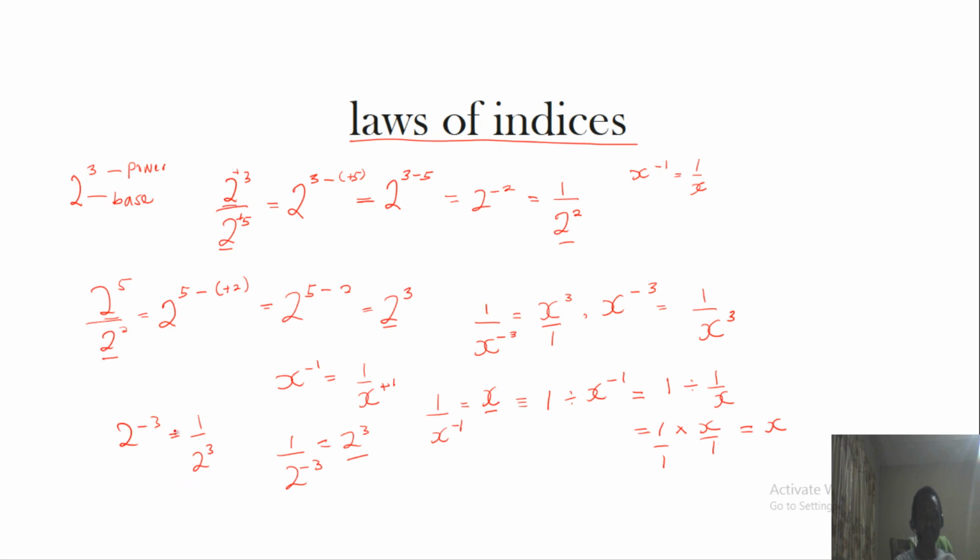It turns from minus to plus. This kind of thing you need to understand when it comes to indices. The power will change when you make it 1 over that particular number. That is the first thing, and basically we will be talking about more of this.